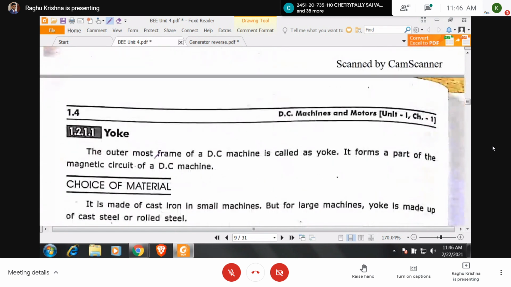Yoke. What is the purpose of the yoke? The outermost frame of the DC machine is called the yoke. It forms a part of the magnetic circuit of a DC machine.